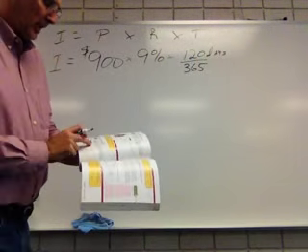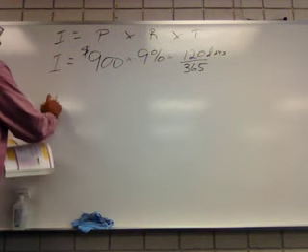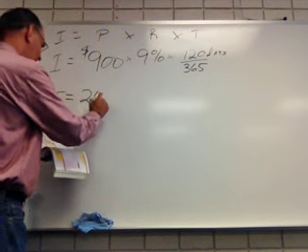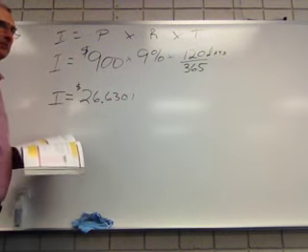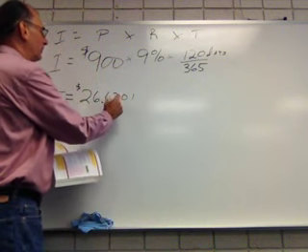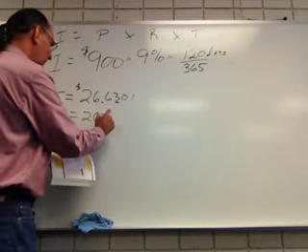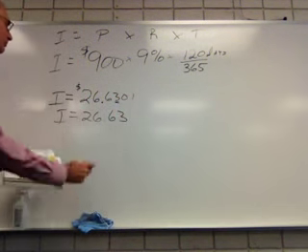Now we're down here at example F. Using exact, interest equals 26.6301, and because we've been in here for 90 days already, we know we round dollars and cents off to the nearest cent, which means interest equals $26.63.